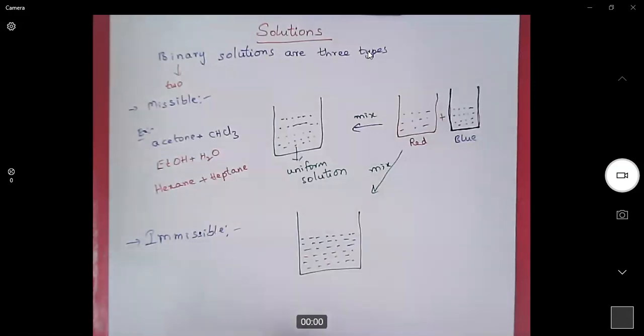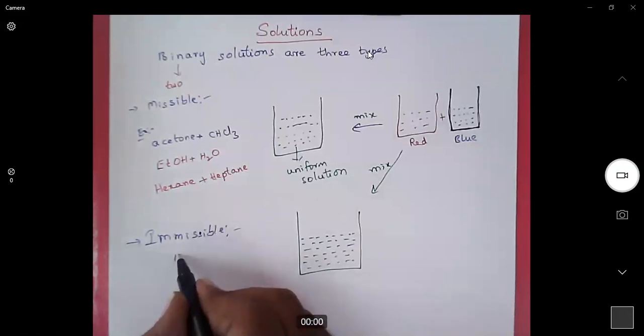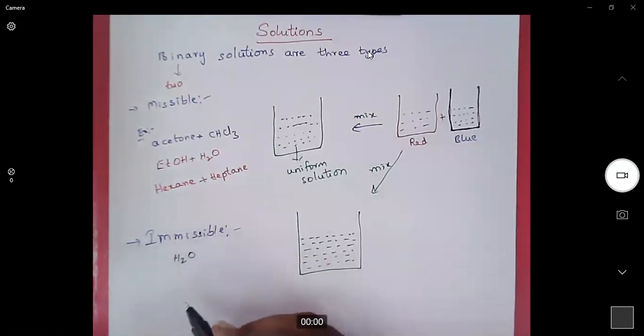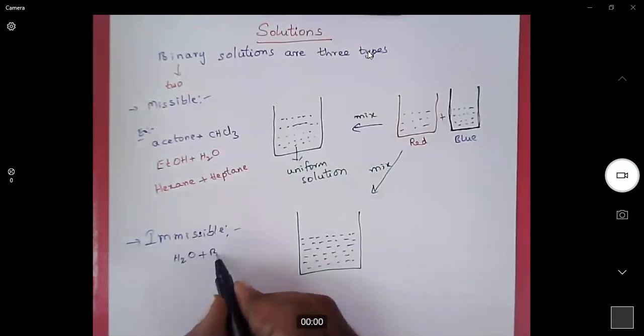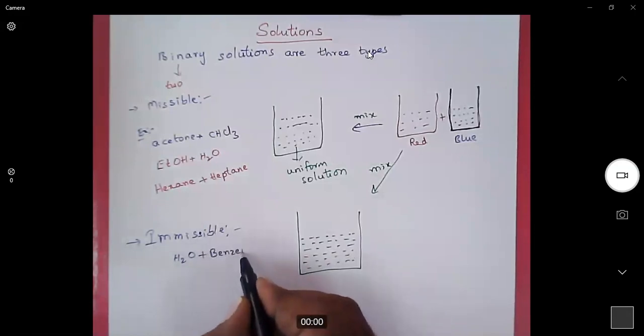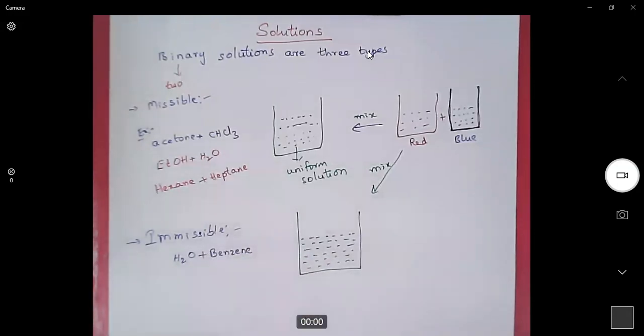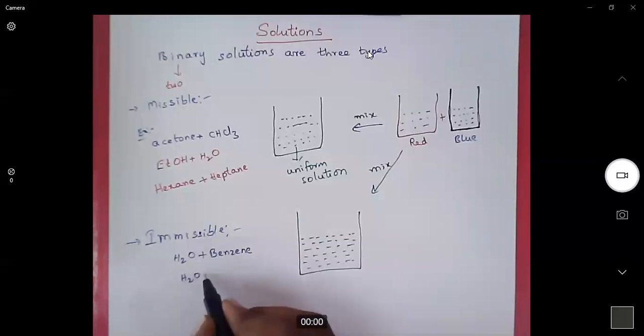Look at the examples for this. A simple example is water and benzene. Water is an aqueous solvent. Benzene is an organic solvent. You can take a simple example, water and oil. Oil will never mix with water, right?